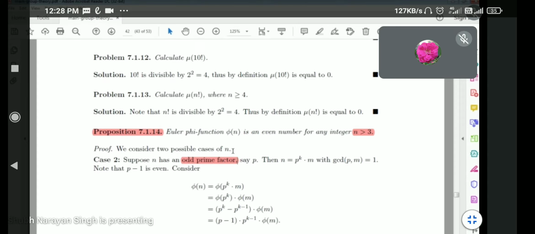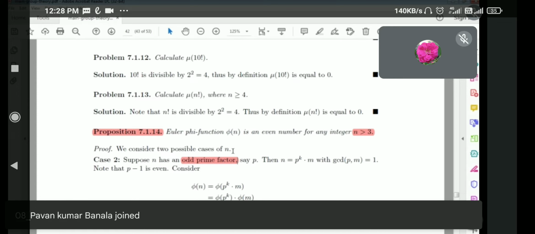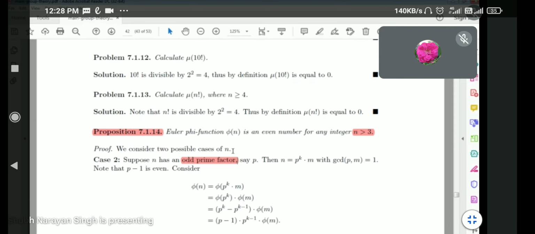Think about 12. 12 can be written as 2 into 2 into 3, so 12 also has an odd prime factor, which is 3. Think about 8. 8 is 2 into 2 into 2, so 8 doesn't have an odd prime factor.